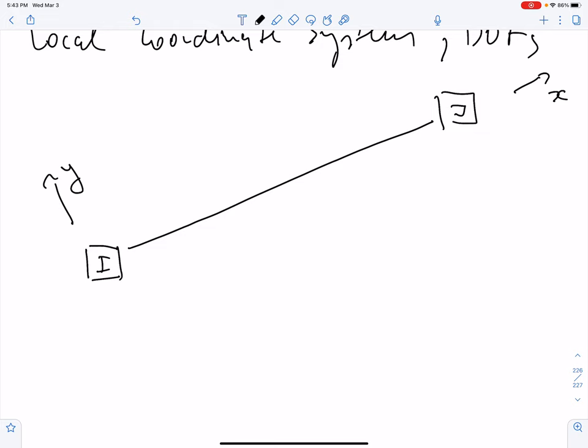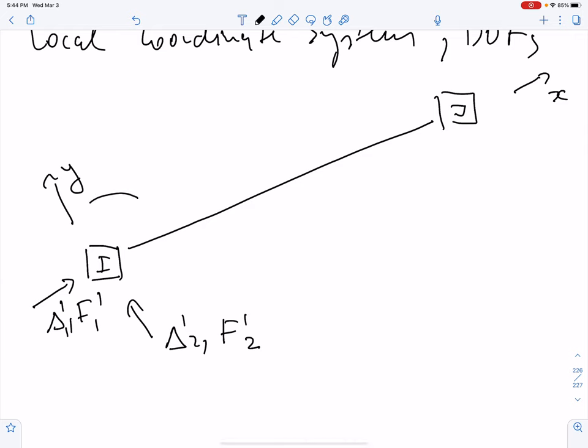And as before, delta prime 1, F prime 1 would be the axial displacement and force at node I. Delta prime 2, F prime 2 will be the y values. And the corresponding moment and rotation, delta prime 3, F prime 3, will be denoted this way.